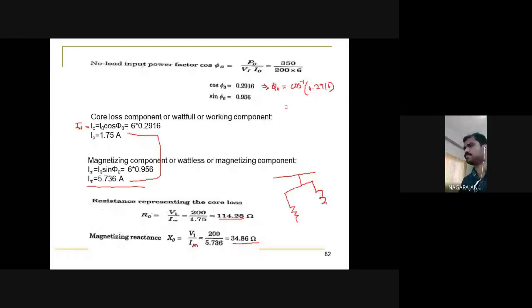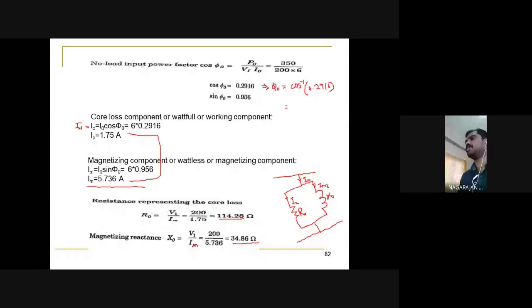I have found the R naught value, the X naught value, the IM value and the IC value. Also we know that I naught is given in the problem. So this side is over.